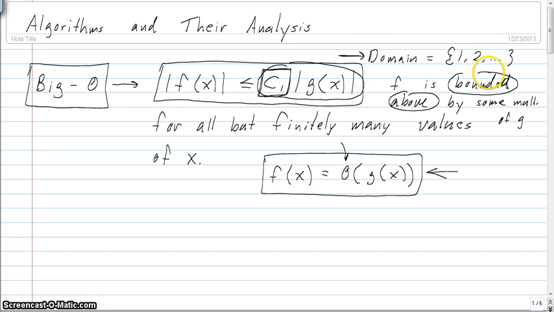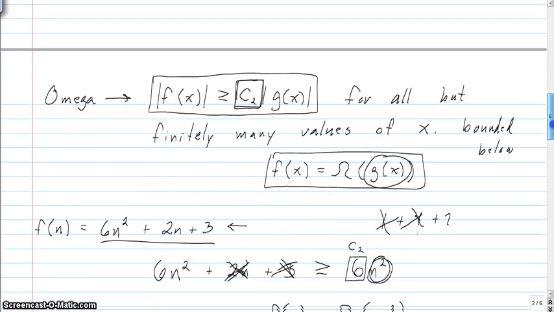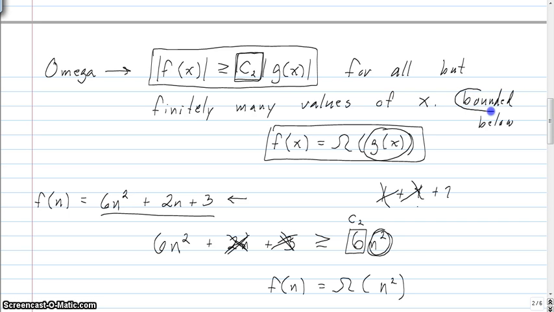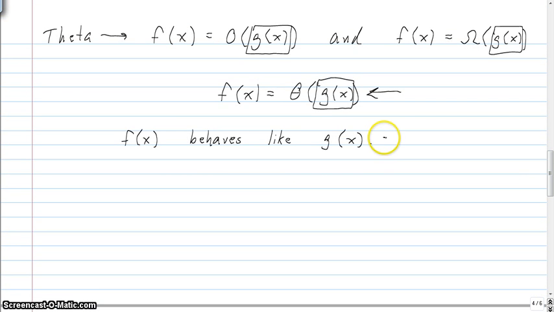If you've got a function that's bounded above and also bounded below by that same function, then what you're really saying is that this function f behaves in the same way as this function g.